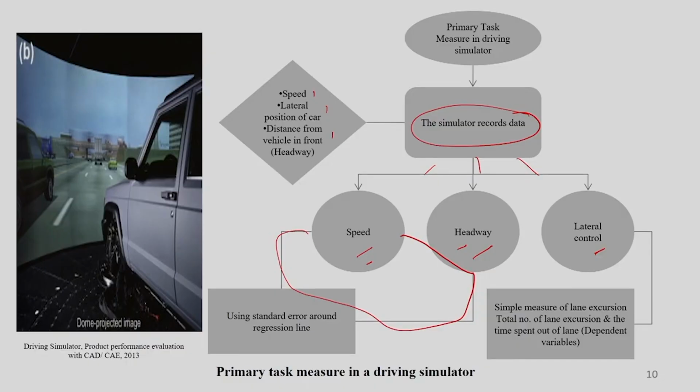And the same thing can be measured in a driving simulator, and this can be done using the standard error around the regression line. You can understand what is the connection, what is the actual correlation between them.